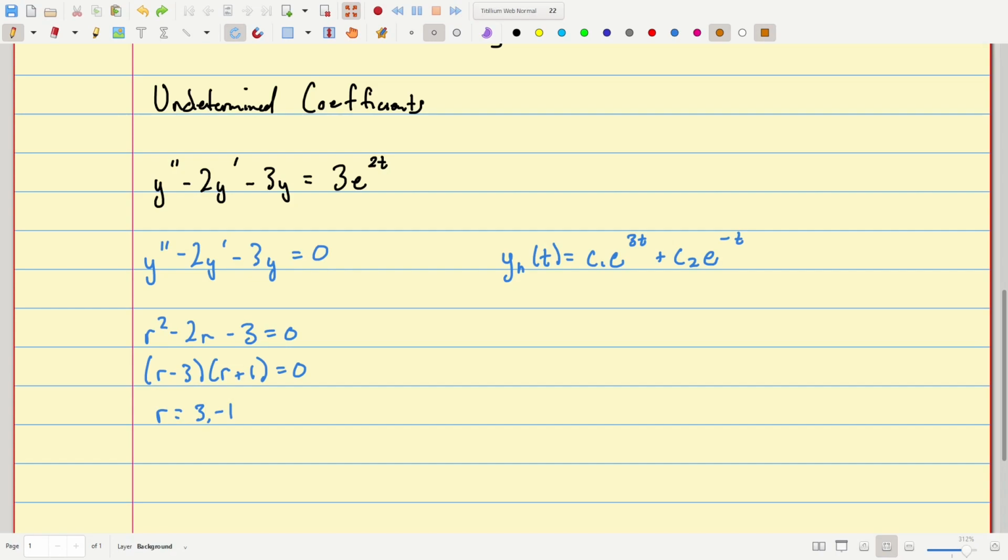So the undetermined coefficients here is a reference to the fact that we are going to guess that the particular solution, which you can either write as y sub p, or it's often written with a capital Y, whichever one is fine, has the form capital A times e to the 2t, where the e to the 2t part comes from this element here, and we're going to need to figure out what the coefficient A needs to be in order to make this work.